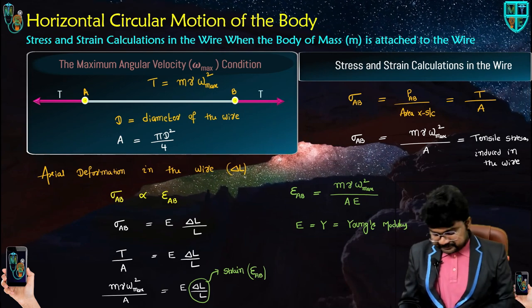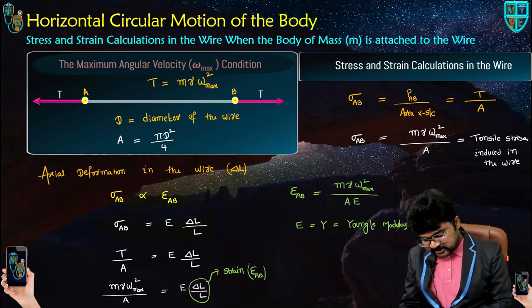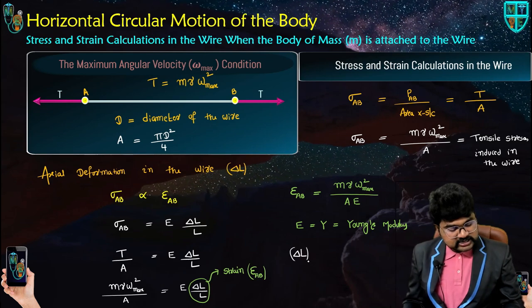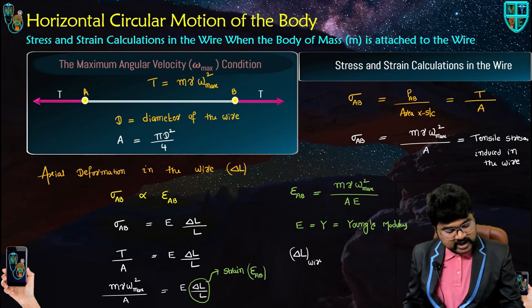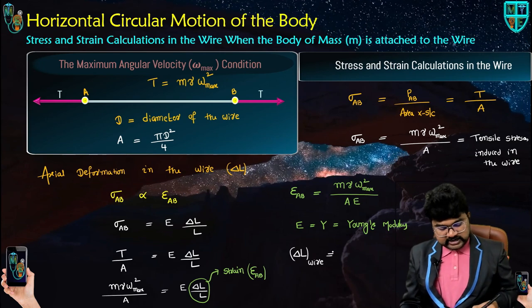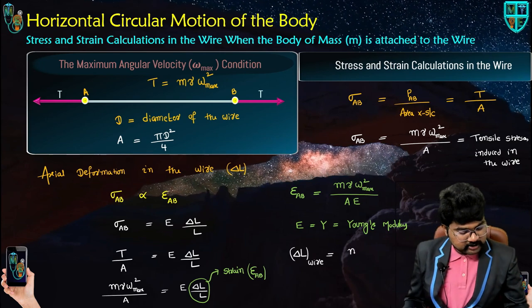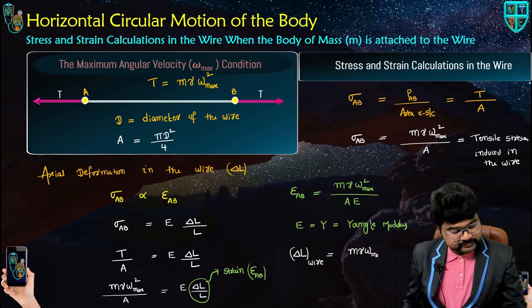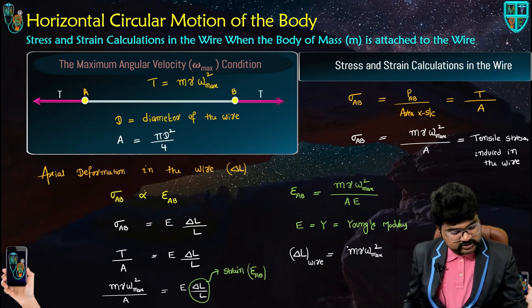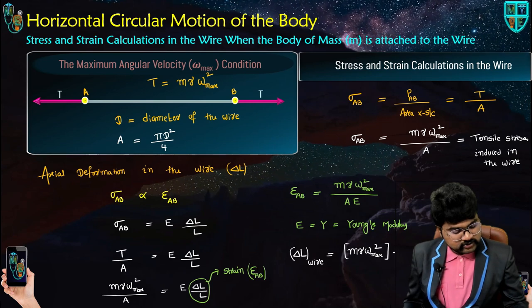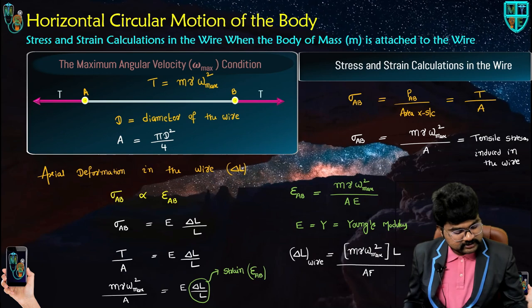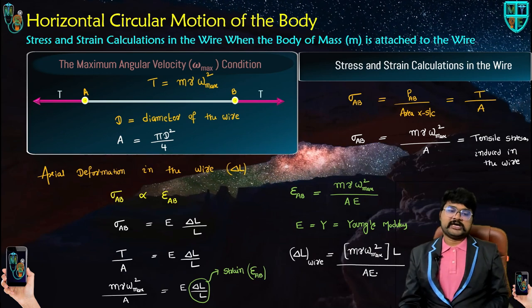So what is delta L from here? Axial deformation in the wire AB. Here you can write m R omega maximum square into length of the wire by A E. R is equal to L here.